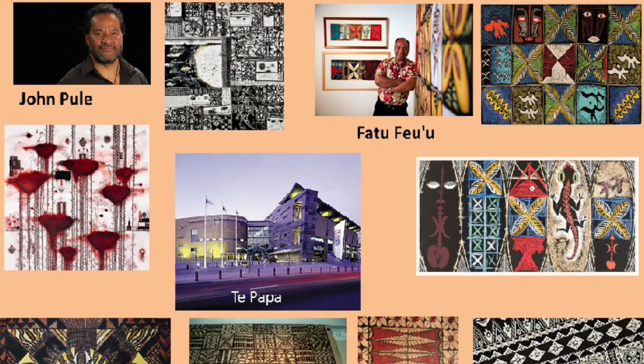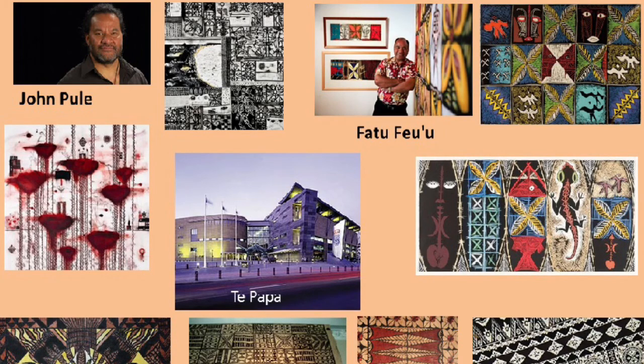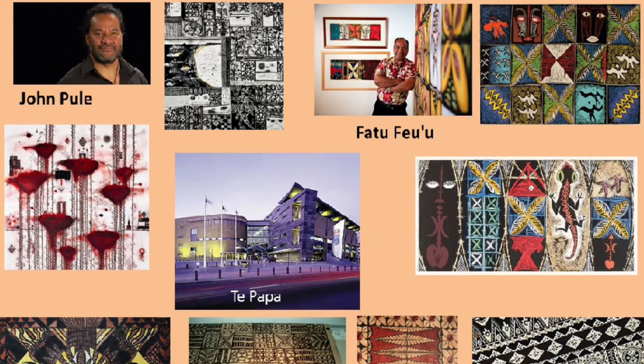His work frequently blends traditional and contemporary elements, incorporating a whole range of influences and inspirations and motifs from Samoa and New Zealand, and more generally motifs from Europe and other Pasifika cultures.